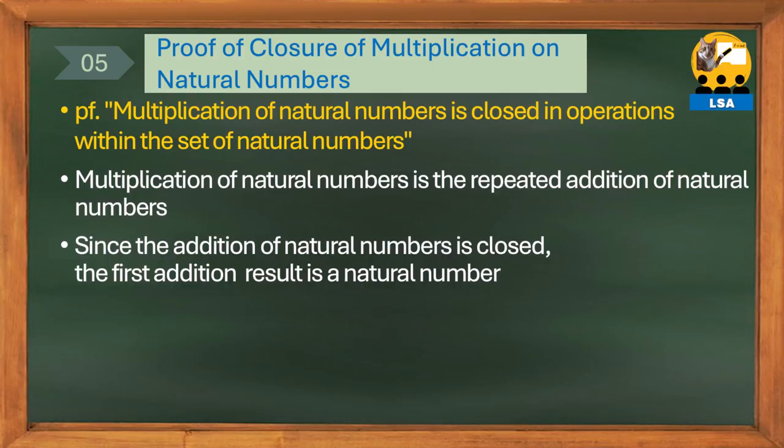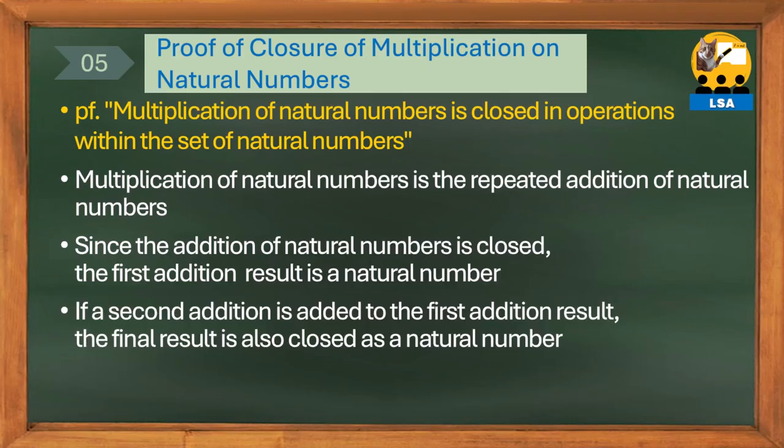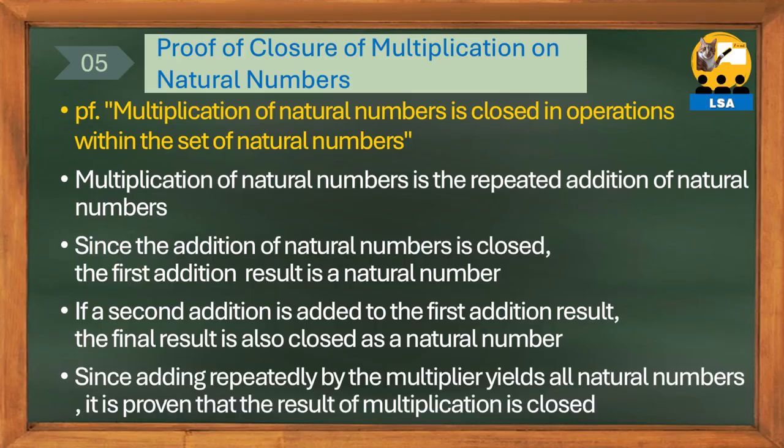If we do a second addition with the first addition value of natural numbers, of course addition is closed, so it becomes a natural number again. In this way, if you repeatedly add as many times as the multiplying number, you obtain all natural numbers, so we can prove through logical thinking that multiplication is closed under the set of natural numbers. You understand, right?